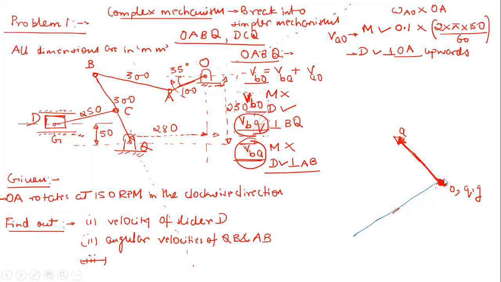Okay. So this is fine. We have drawn the direction for this VBQ velocity vector, right? Now what should be my next step?